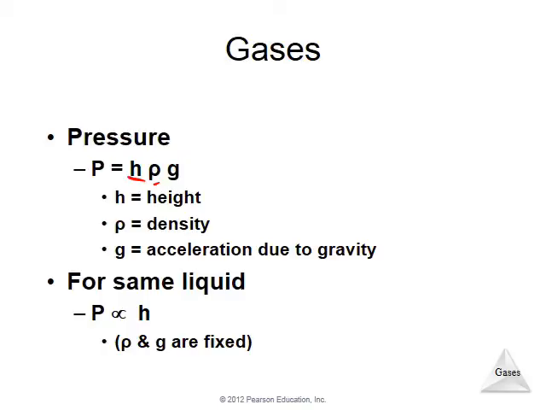For the same liquid, pressure is proportional to the height. And so often in chemistry, we use height unit to represent pressure, rather than actual pressure unit, which is given by height times density times acceleration due to gravity.